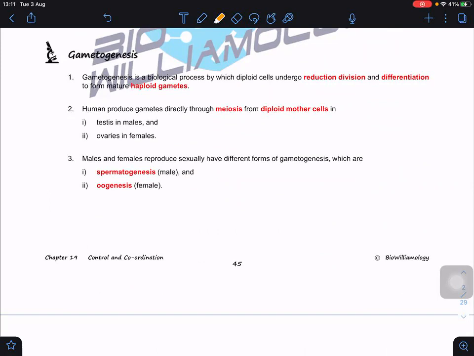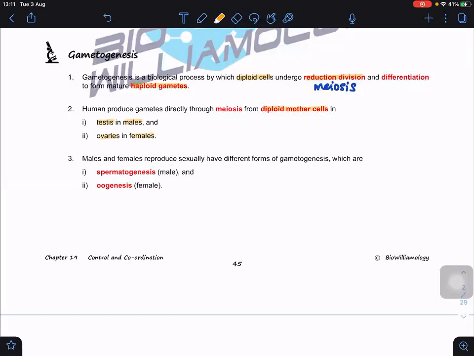So gametogenesis is the biological process by which diploid cells undergo reduction divisions, or what we term meiosis, and differentiate into haploid gametes. Humans produce gametes directly through meiosis from diploid mother cells, either in the testes for male or ovaries for female.